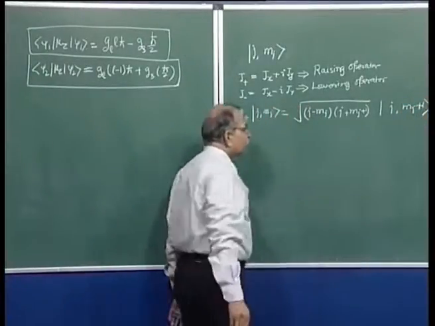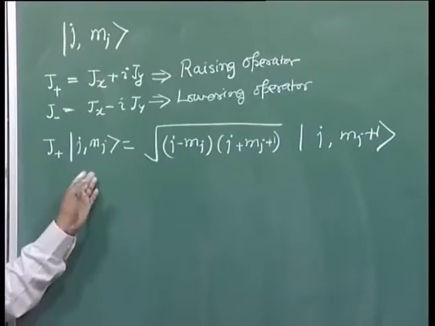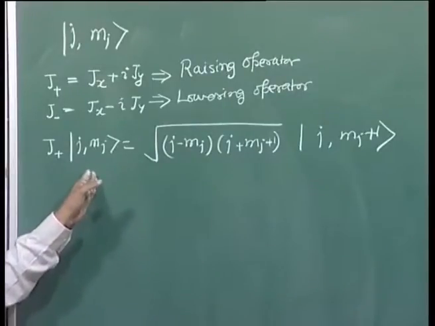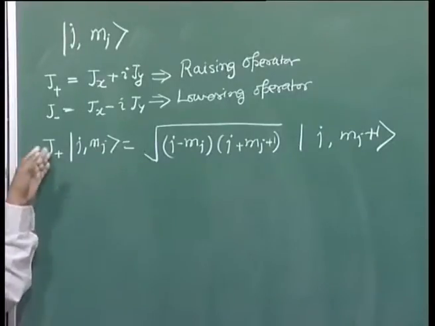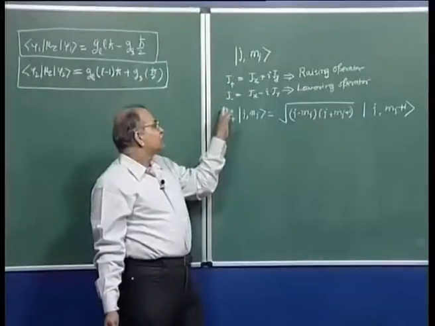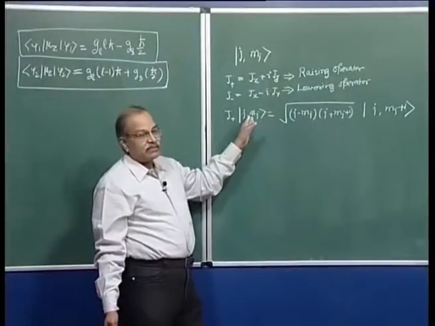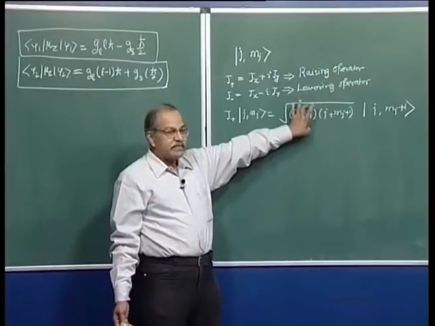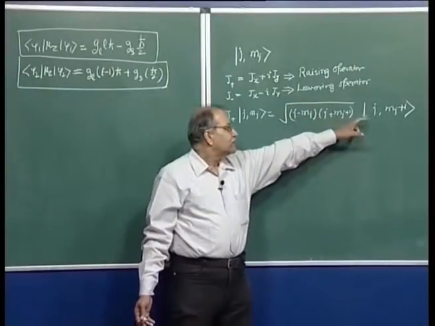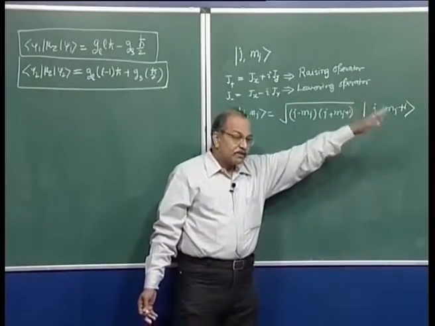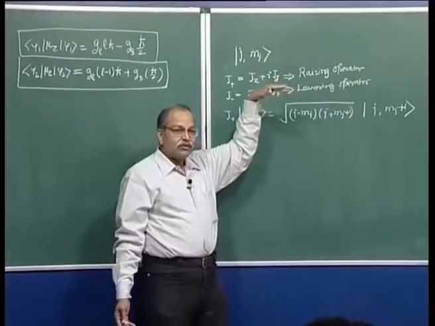Very good. So the value of mj is raised by 1 unit, that is why it is called j plus. Similarly, if you operate j minus on this, you get a constant here, and then this |j, mj minus 1>. So that is why it is called a lowering operator.